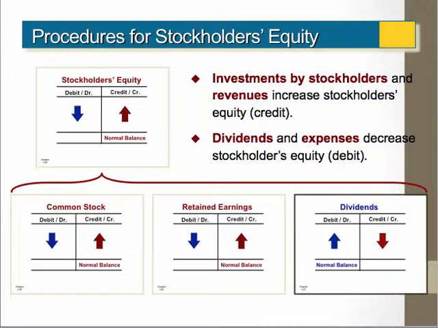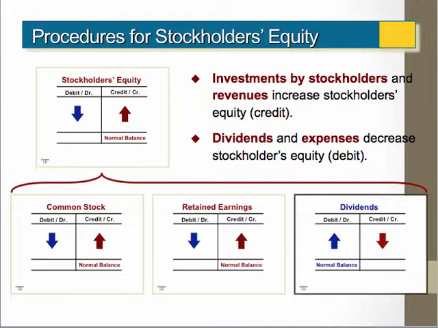So notice here when we take a look at stockholders' equity. Stockholders' equity is the super account, and then we have all those sub accounts below stockholders' equity: common stock and retained earnings. So if we look here, stockholders' equity itself, being on the right hand side of the equal sign of our accounting equation, has a normal balance of a credit.